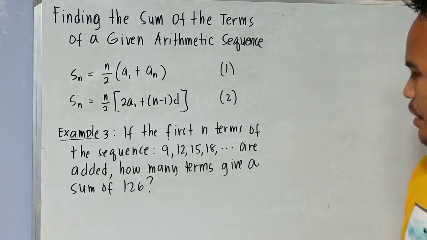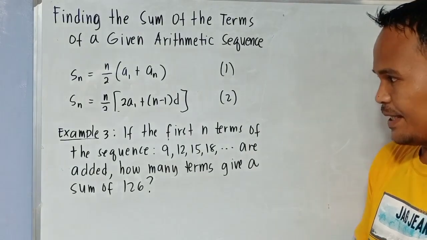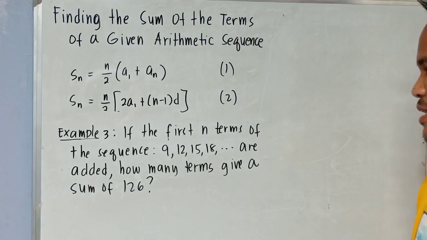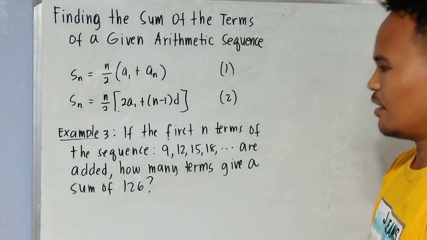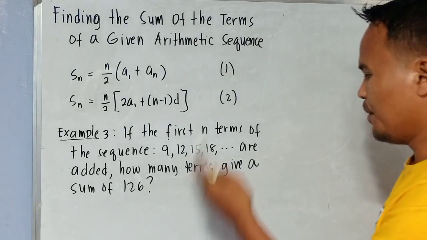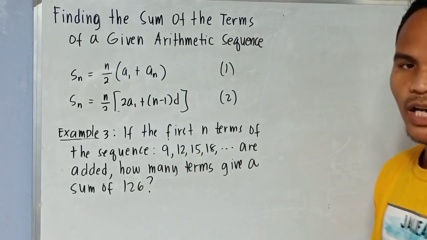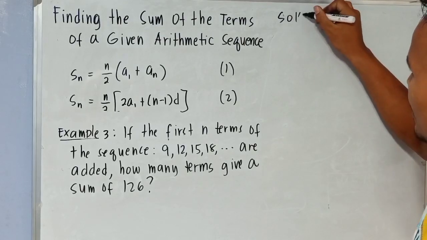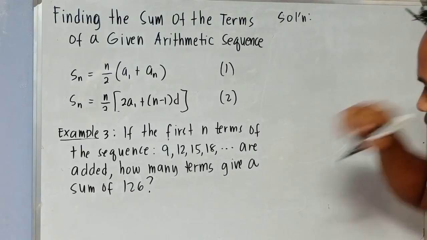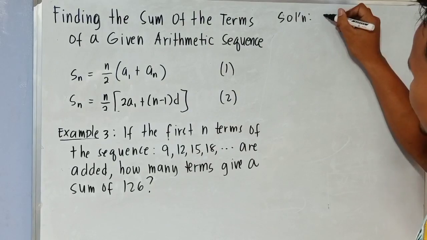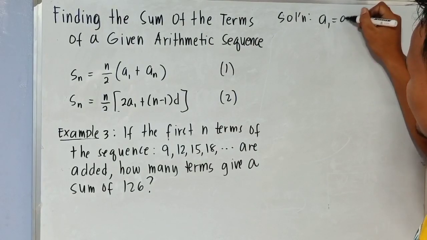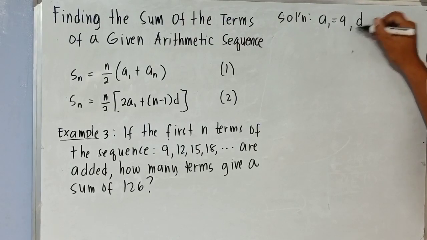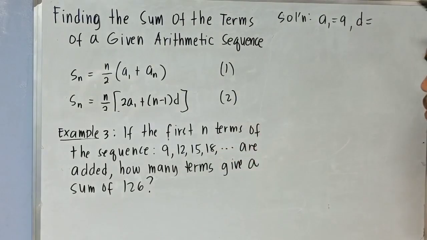Okay, let us solve example number 3. If the first n terms of the sequence 9, 12, 15, 18 are added, how many terms give a sum of 126? So let us have a solution here. Let us identify the given. We have the first term as 9, and the common difference is equal to 3.